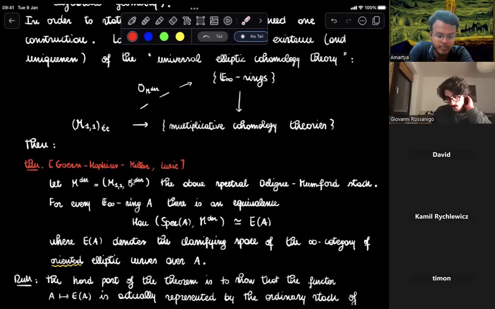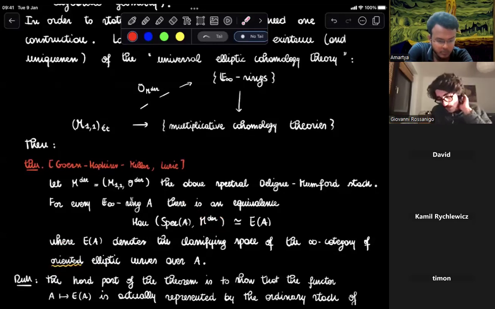It says that if we look at the étale topos of elliptic curves with the structural sheaf constructed last time, then whenever we have an infinity ring A, we can produce a homotopy equivalence between the classifying space of the infinity category of oriented elliptic curves, and oriented is really necessary, and the maps between Spec A and the topos.